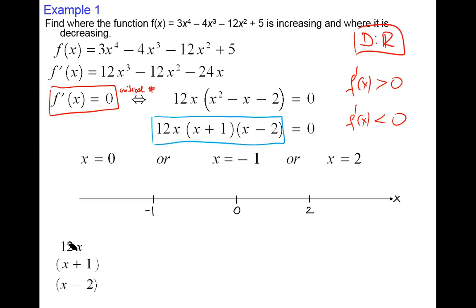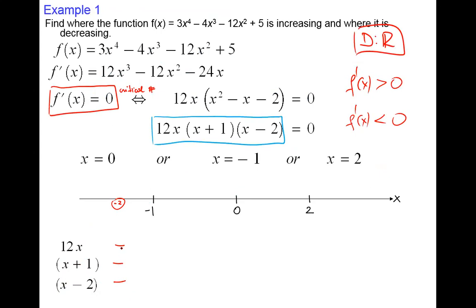I took all of the factors, 12x, x plus 1, x minus 2, and I will be testing the sign. Did I do this? No? Okay, I can do it. I will pick a test value, negative 2, maybe. 12 times negative 2 is negative, negative 2 plus 1 is negative, and negative 2 minus 2 is negative.